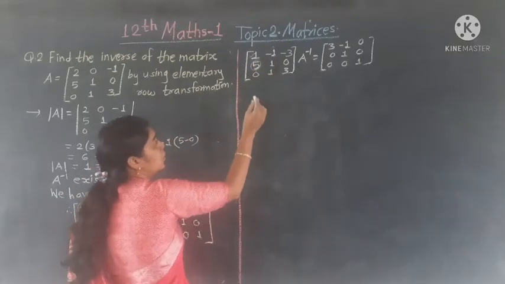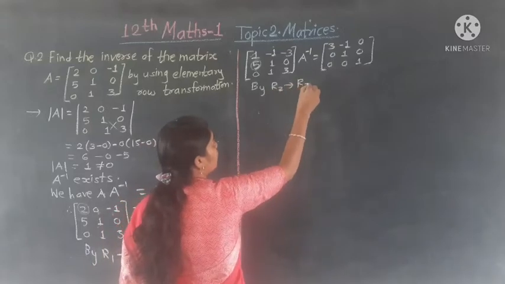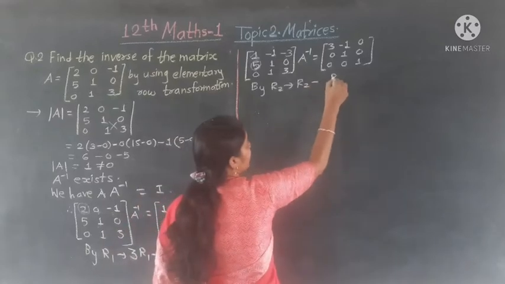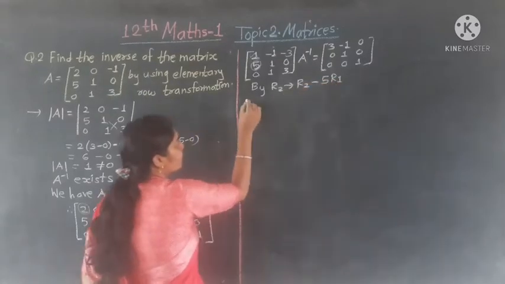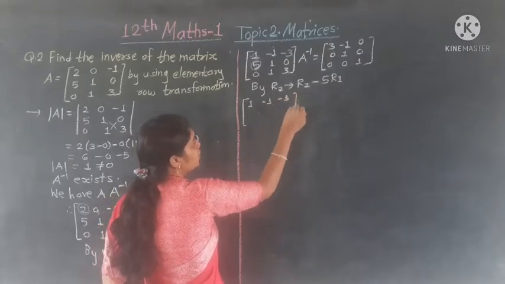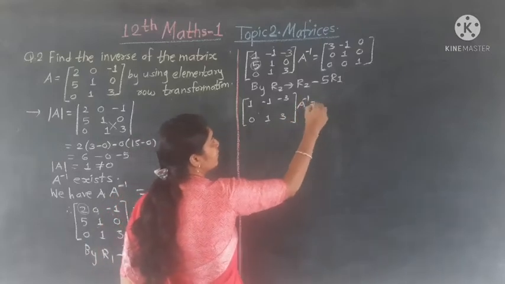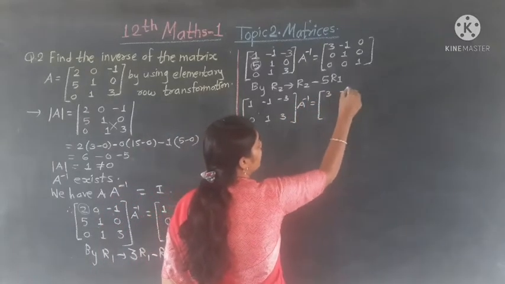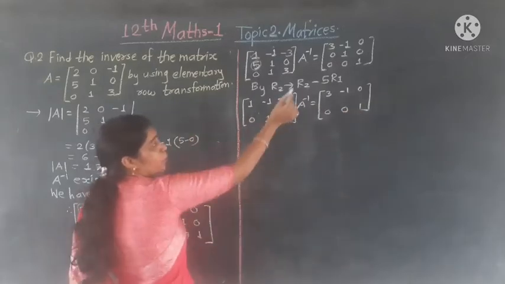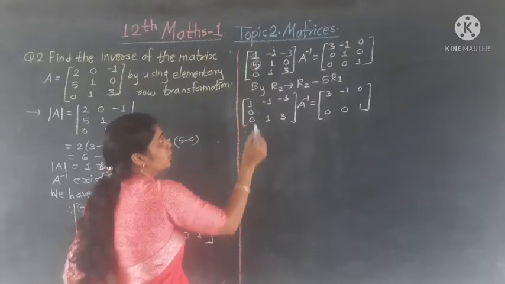Now we want this 0. So R2 changes to R2 minus 5, minus 5 we have to do. Then how much do we multiply R1 by? By 5. So there is only change in R2. So remaining right as it is: 3 minus 1 0 0 0 1. What to do in R2? See, R2 minus 5: 5 minus 5 is 0.